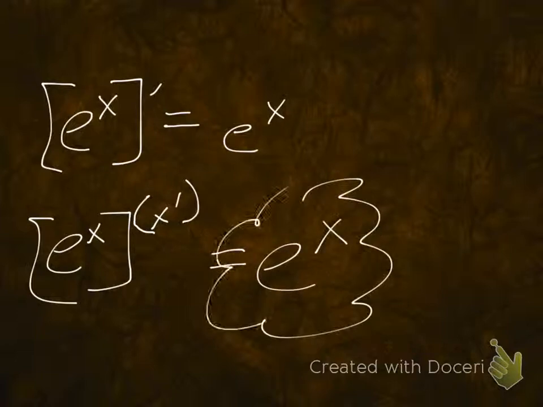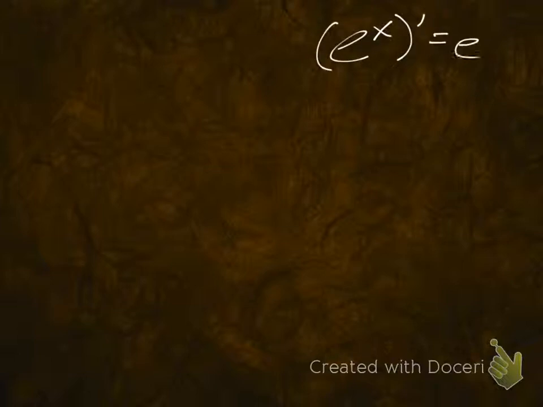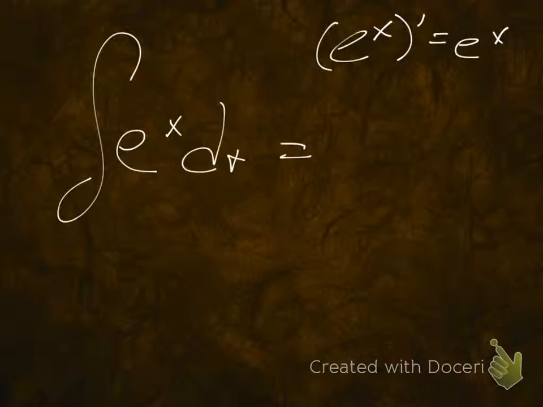It doesn't really matter what it is. The derivative of e to the x is just e to the x. So what does that mean? Well, it means that this is the easiest function on earth to take the indefinite integral of. Since e to the x prime is just e to the x, the indefinite integral of e to the x dx is just, well, you guessed it, e to the x.